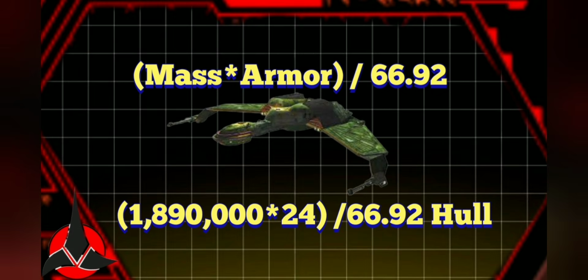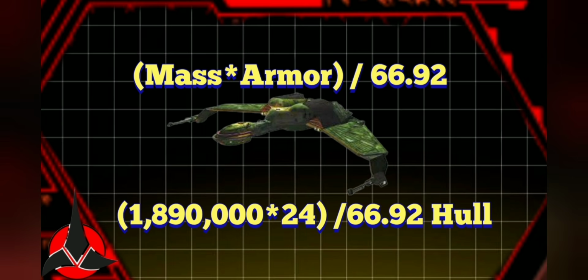Okay, so if you want an idea of what I'm doing, the ship's mass is going to be times the armor. I call it armor class on the little cards I've created for the ships, and a bird of prey, a Burrell, has a class 24.